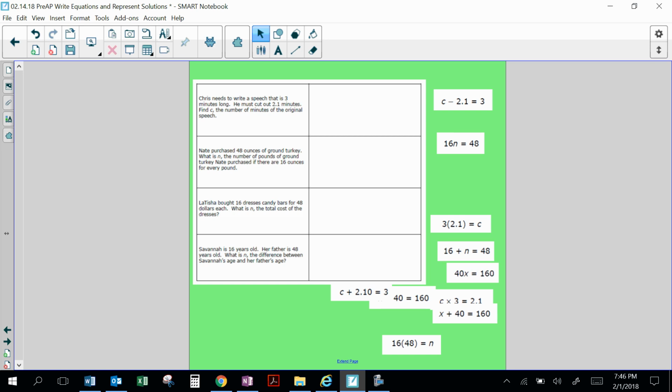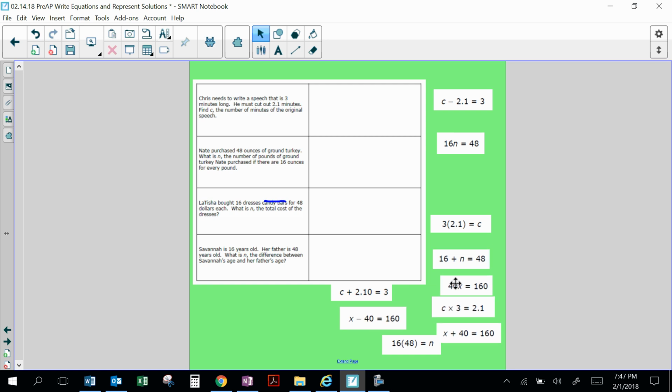Next one. I need to scratch out this word, candy bar. I apologize again for mistakes. Letitia bought 16 dresses for $48 each. What is the total cost of the dresses? 16 dresses, that would go with that one, times 48.